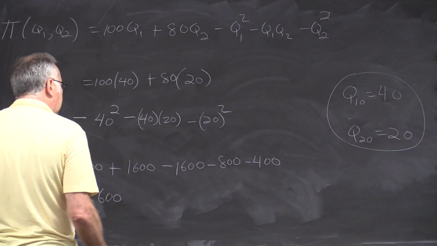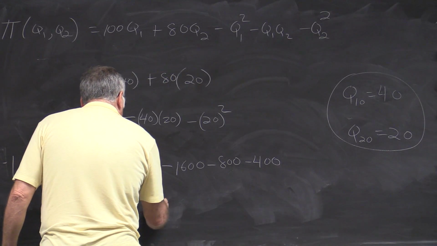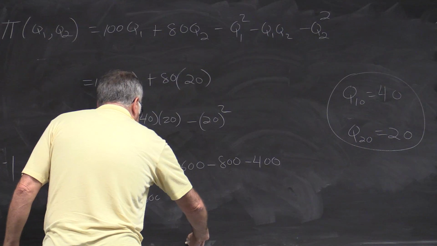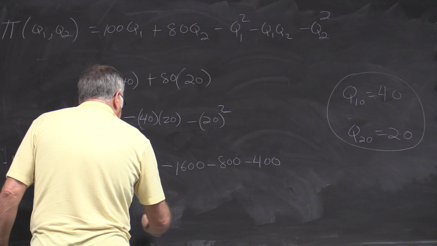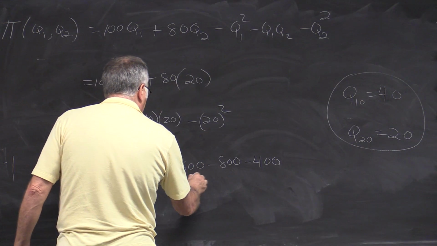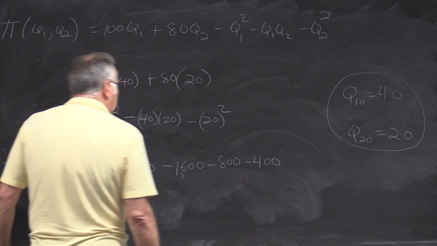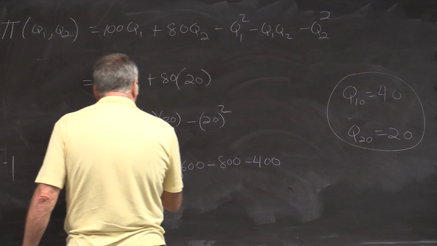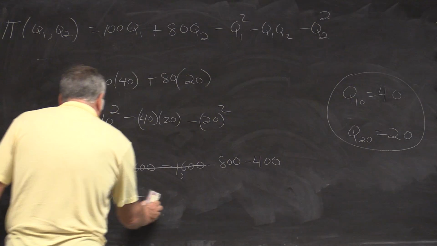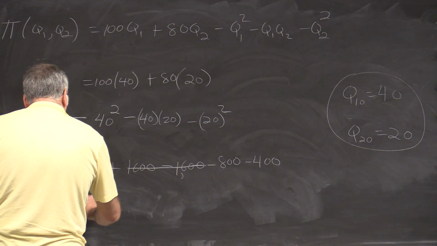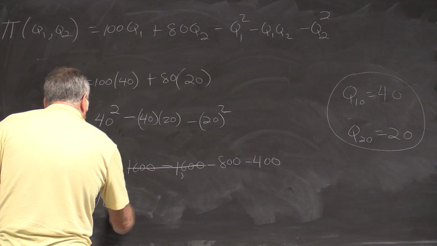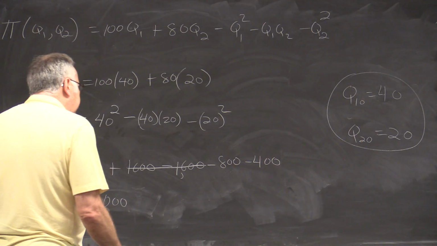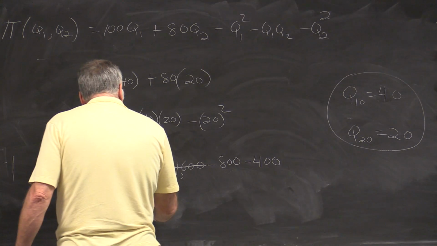So what is this? 5,600 minus 1,600. Well, let's add these up. What are all the minuses? Wouldn't it be easier to just cancel the 1,600s? Okay, well, that's a good idea. All right, let's just do that. Very good. Didn't see that. So it's 4,000 minus 1,200, right?